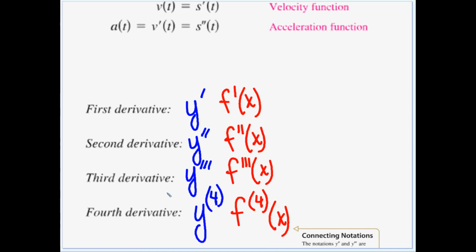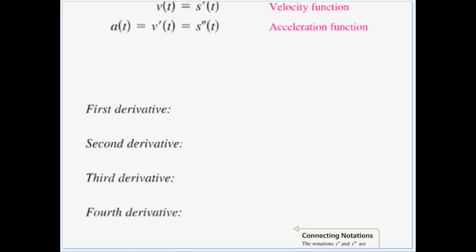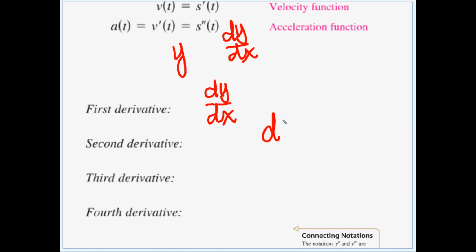So very similar to prime notation with the function thrown in there. Now my personal favorite is the Leibniz notation. And remember, Leibniz would be dy dx, the derivative of y with respect to x. Well, no, that would be the first derivative. Our original function is y, so the first derivative would be dy dx. Now, if we're going to derive it again, the second derivative of y, it looks like d squared y over dx squared.